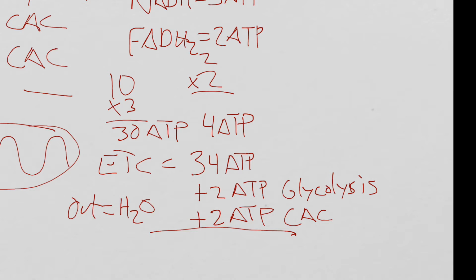So for the whole entire cellular respiration, we're going to end up with 38 ATP. So, this is definitely the best way to make lots of energy and supply the energy necessary for us to survive.